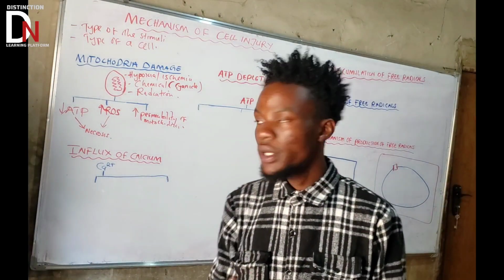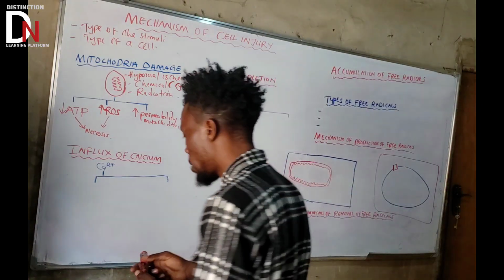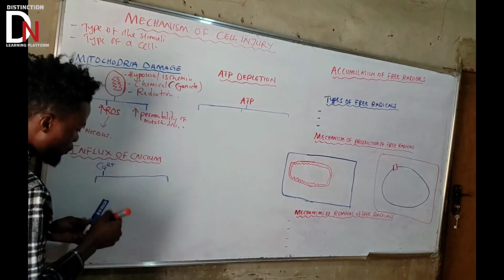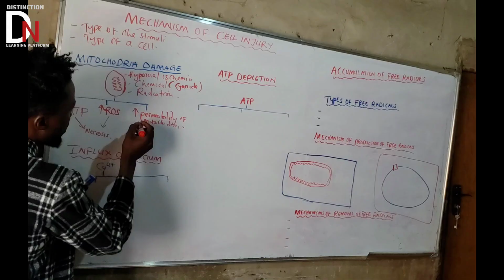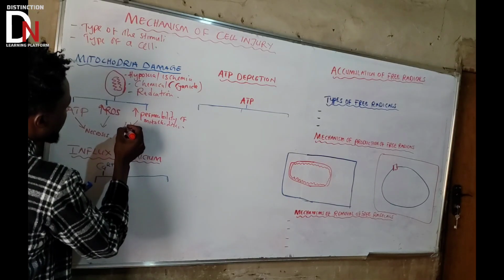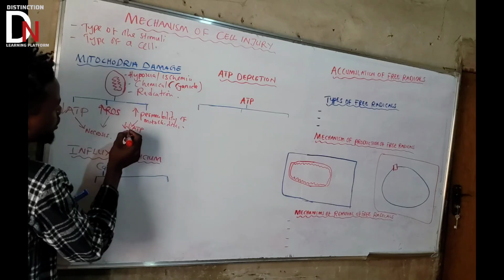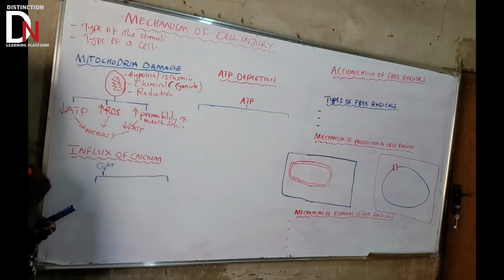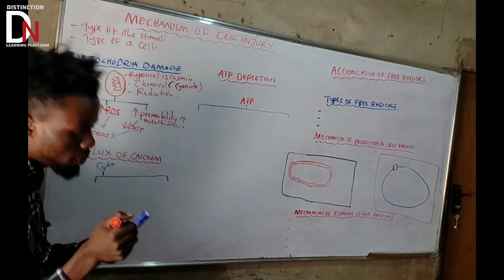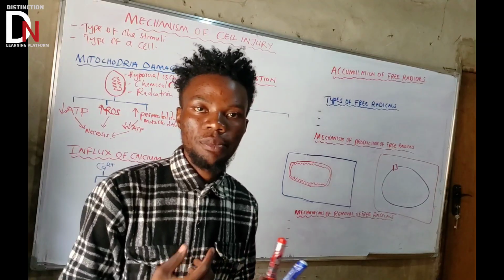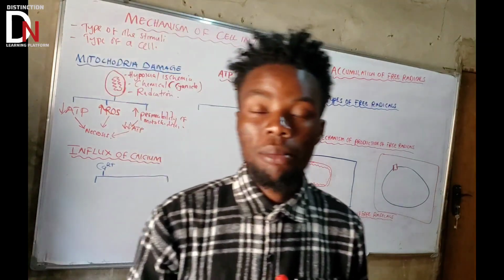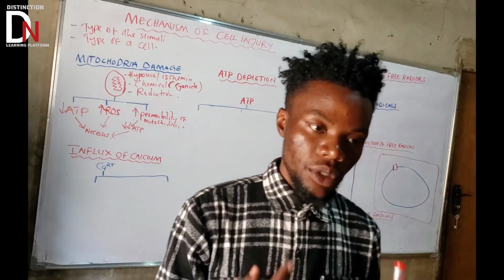The first thing that will happen is further depletion of ATP, leading to necrosis. You further decrease ATP, because ATP production also depends on the permeability of the mitochondria. So it will lead to that.